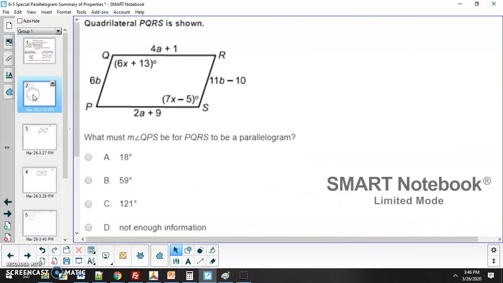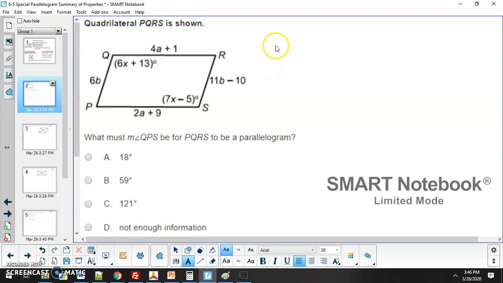Let's look at this first problem. What must QPS be for this to be a parallelogram? In order to figure out what QPS must be, don't just do eeny, meeny, miny, mo. You have to figure out these angles, so get your pencil and paper and show some work.